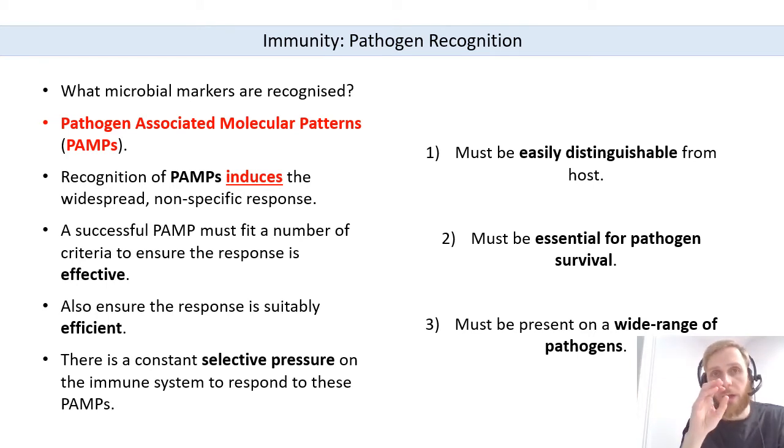Now, as a kind of solution to this, the innate immune system has evolved to recognize PAMPs that are essential for pathogen survival, so PAMPs that the microorganism can't easily discard without a massive fitness cost or can't easily change for various reasons. So this is what the PAMPs are. They fit these criteria. They are microbial features that the innate immune system has evolved to recognize. And these PAMPs induce this innate immune response, which is the first stage of inflammation, which again is very often playing a role in pathology.